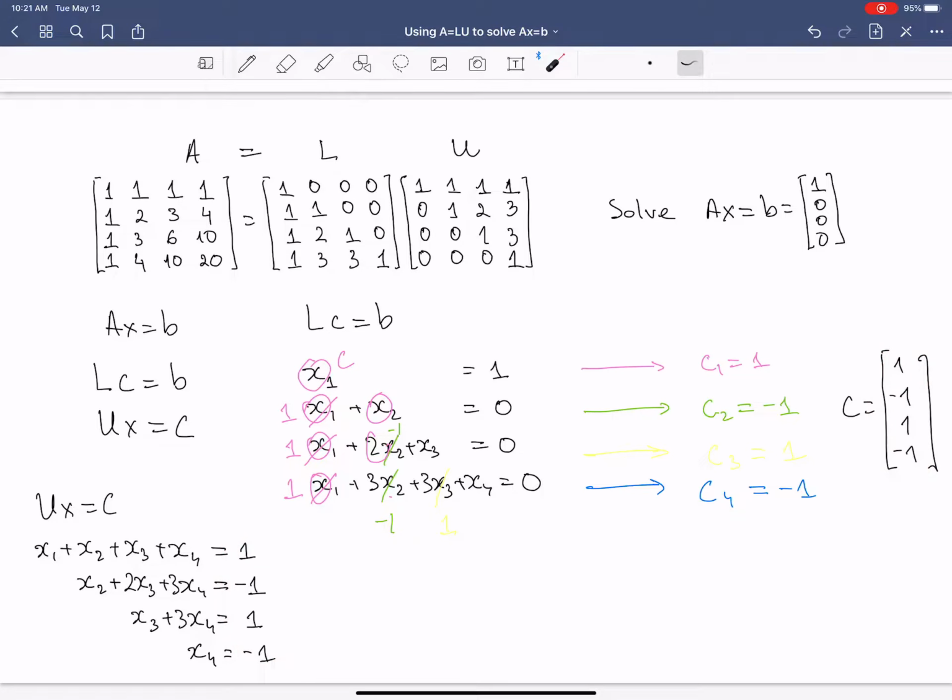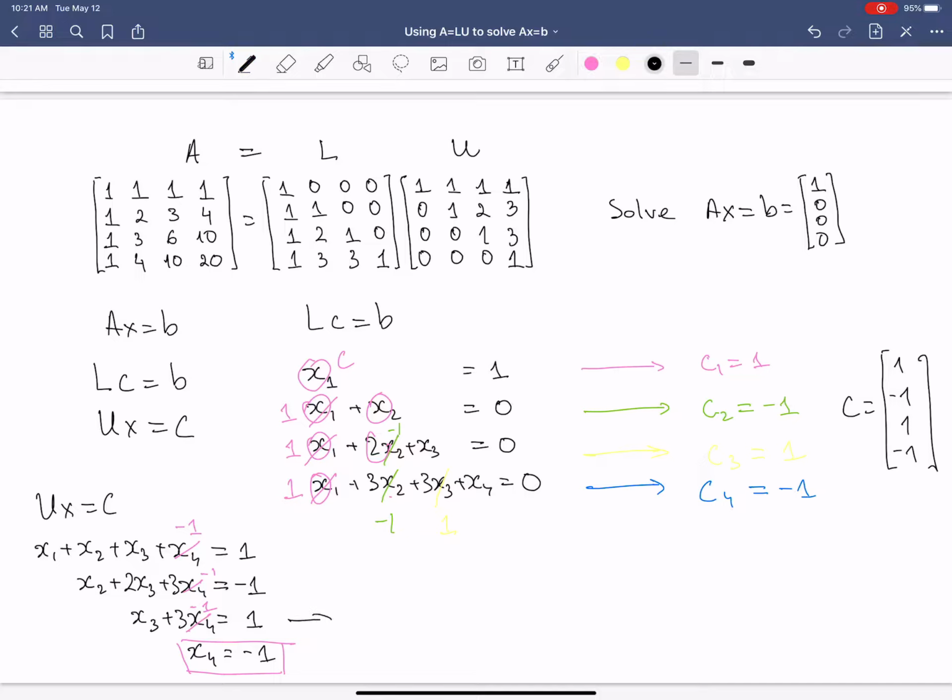Now you see immediately we have the solution. So we know what x4 must be. x4 is just -1, and I can replace -1 in the first, second, and third equation. So here I have -1, -1, -1. This allows me to find what x3 must be.